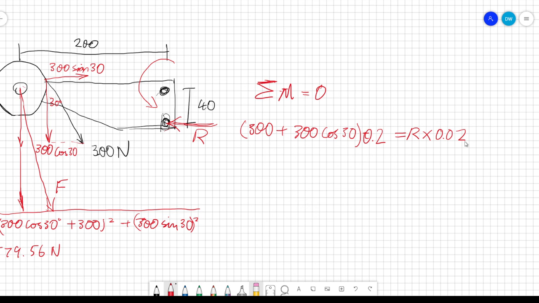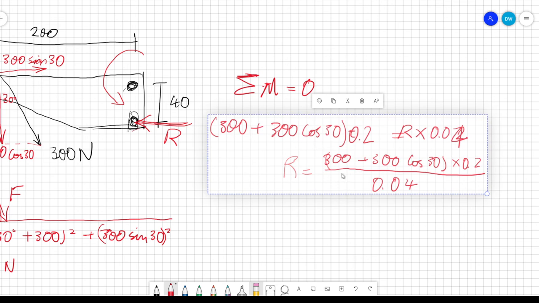Now we can just solve this equation for R. So R equals, dividing both sides by 0.04, 300 plus 300 cosine 30, times 0.2, over 0.04.